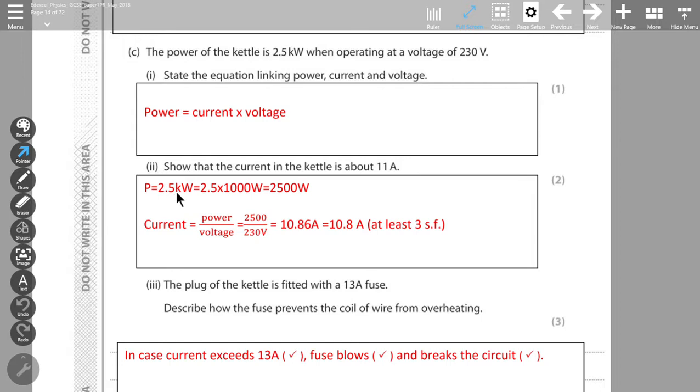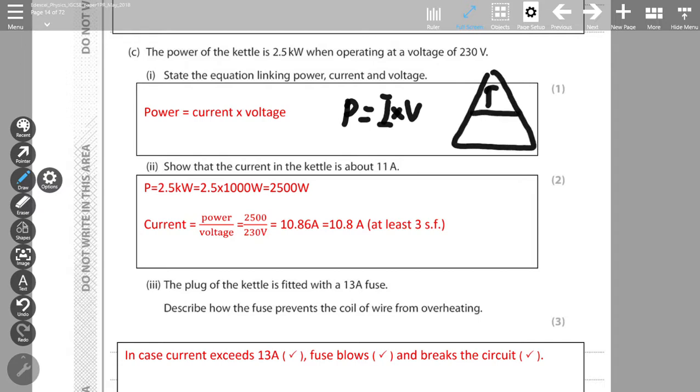So power is in kilowatts, so we change it into watts. And now we should find current. So we have power equals current times voltage. From this, we can draw this triangle. If we cover current, because we need current, what we see is power divided by voltage.